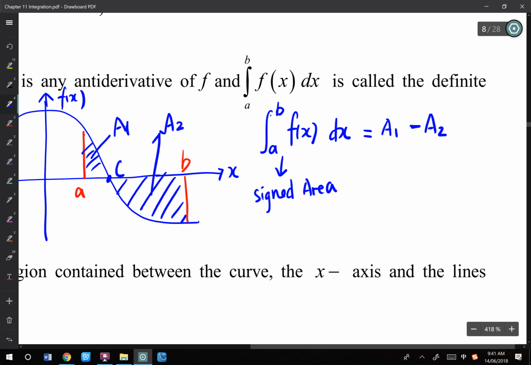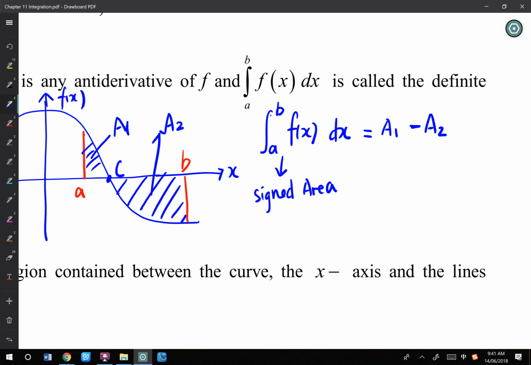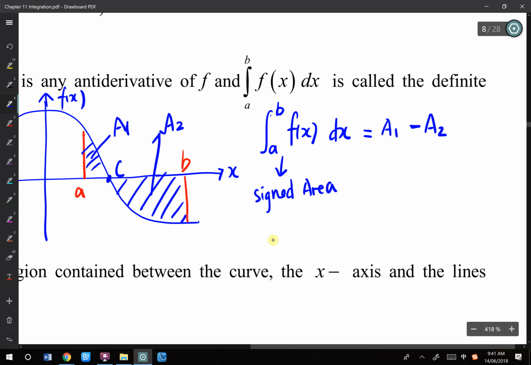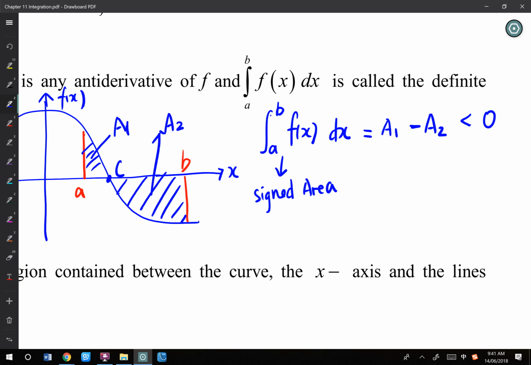That is the area of the top minus the area of the bottom, not the top plus the bottom. So this will be a number less than 0, because from the graph I sketched, A2 is larger. So it will be a negative area. So just want to let you know, when you use the integral, that is the signed area you calculate.